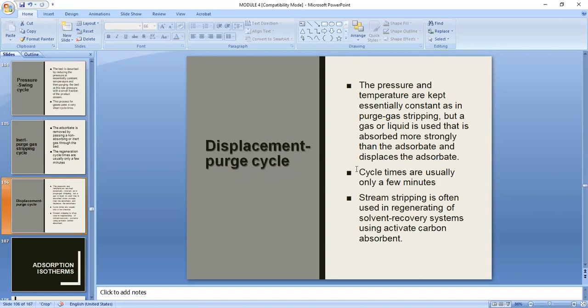Cycle times are usually only a few minutes. Steam stripping is often used in regenerating solvent recovery systems using activated carbon. The other term for this is steam stripping, and it's used in the recovery of activated carbon as adsorbent.